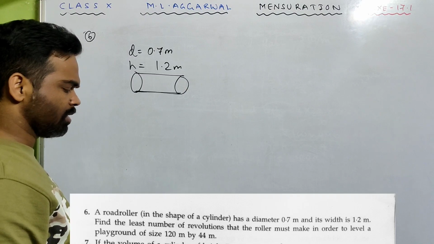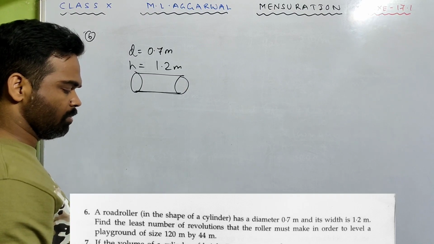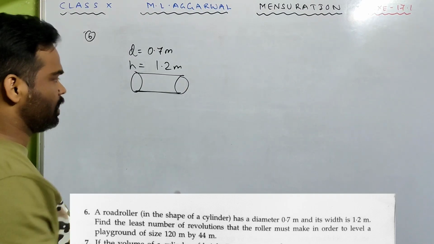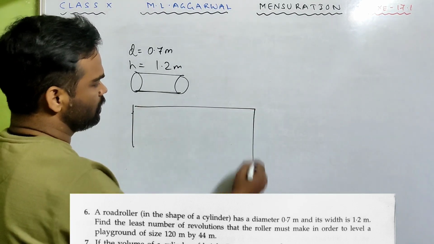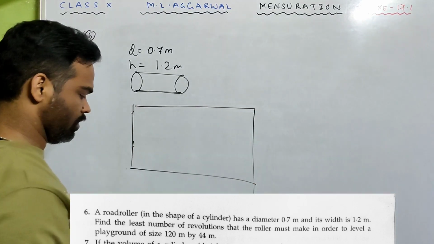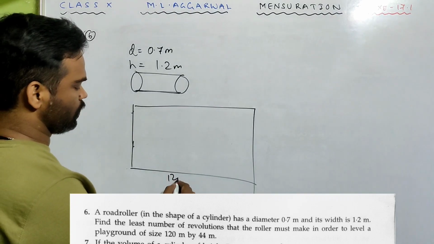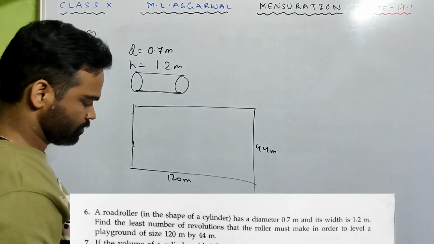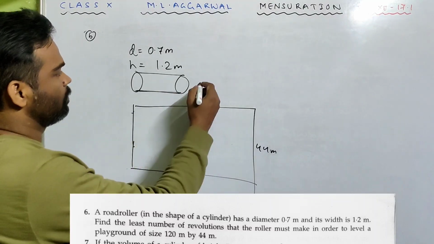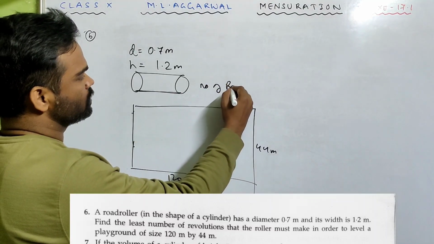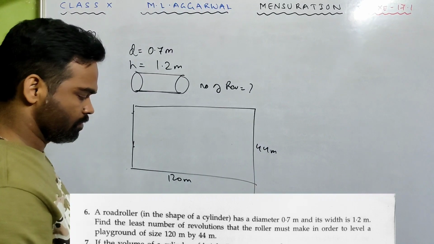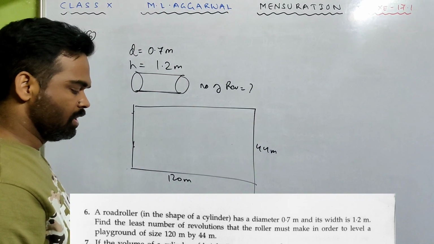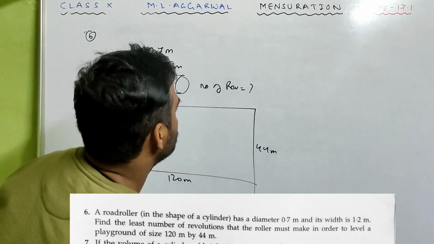Find the least number of revolution that the roller must make in order to level a playground of dimension 120 meter and 44 meter. How many revolution? Number of revolution they want. Okay, find the least number of revolution. Now look over here.